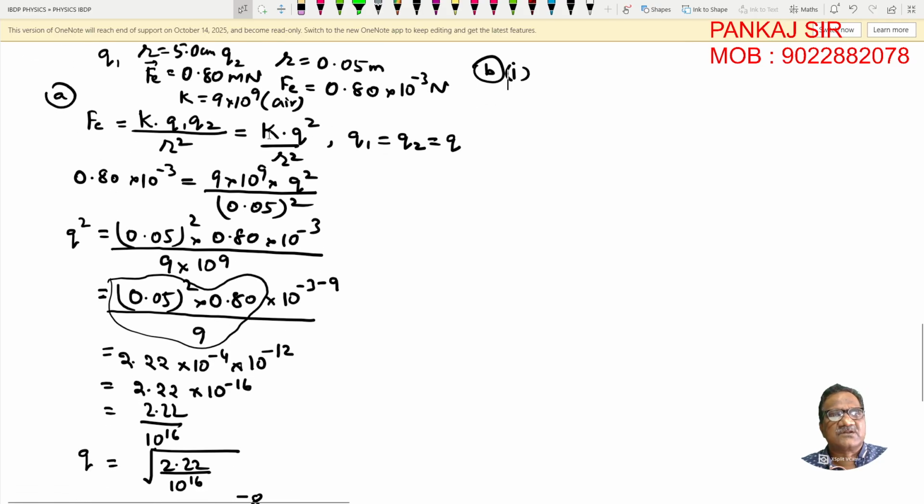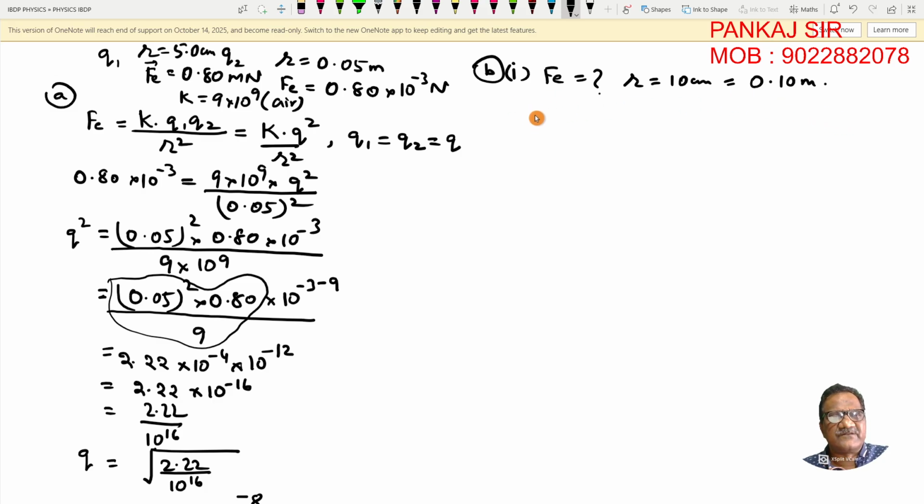Okay, so now you have to find out the force, electrostatic force, when the separation, that is R, is 10 centimeter. 10 centimeters means in meter it will be 0.10 meter. Okay, so this is the new situation.